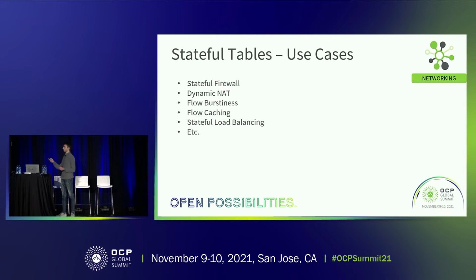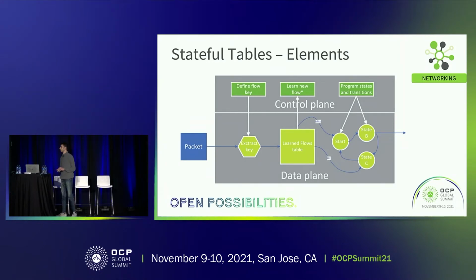So what we want to achieve is actually to define a SAI abstraction that can implement any of those use cases without actually hard coding them in SAI, if you wish. So to do that, let's first define what a stateful table is.